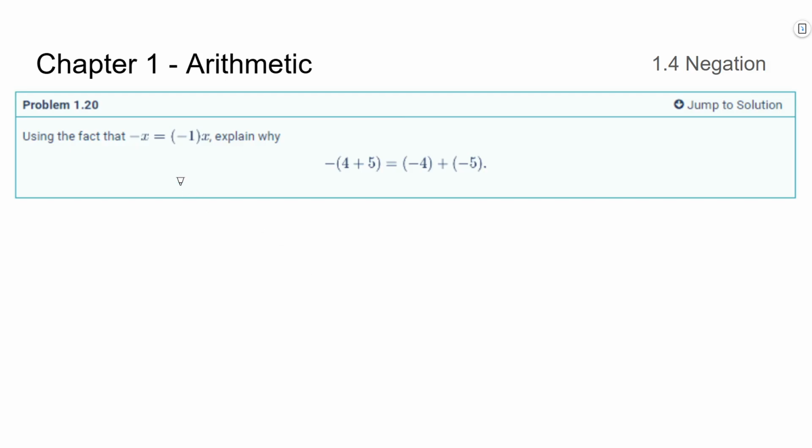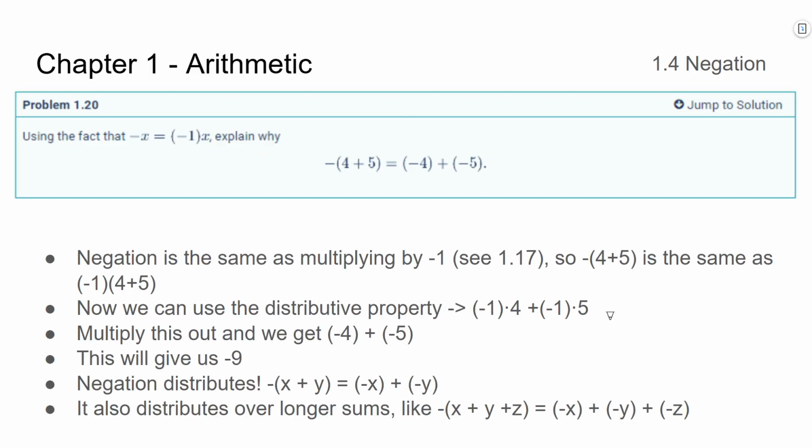All right, using the fact that -x is equal to -1 times x, explain why this is true. This is the same thing that we had a couple problems ago, except in reverse. Okay, so negation is the same as multiplying by -1. So -(4 plus 5), which is what we have right here, is the same thing as saying -1 times (4 plus 5).